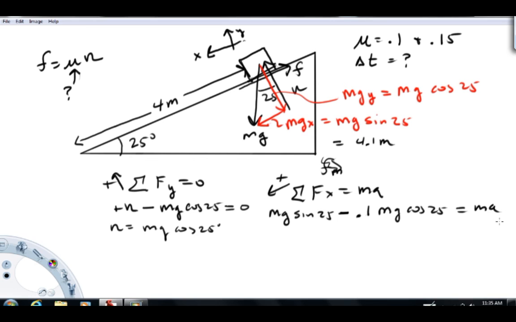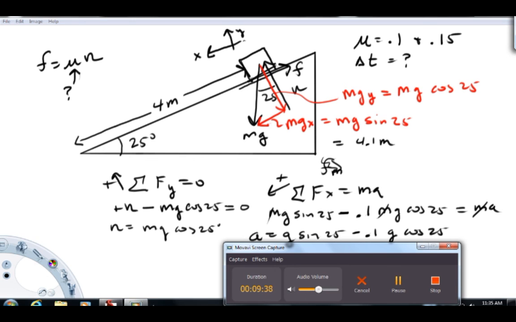You'll notice that the mass cancels. It's the same mass everywhere. So the acceleration of this mass should be g sine 25 minus 0.1 g times cosine 25. I'm going to pause this for a moment and calculate a value.